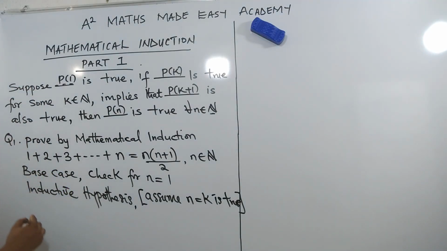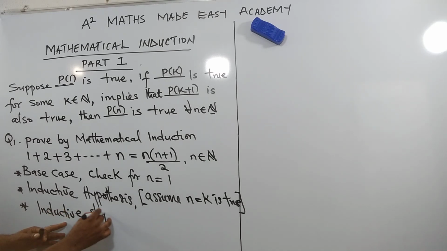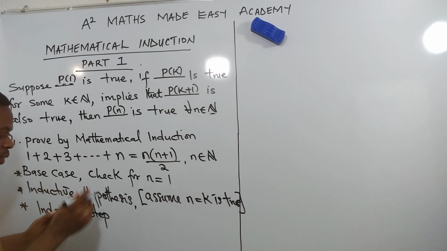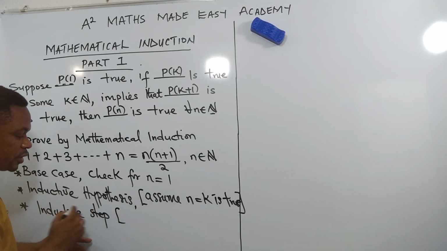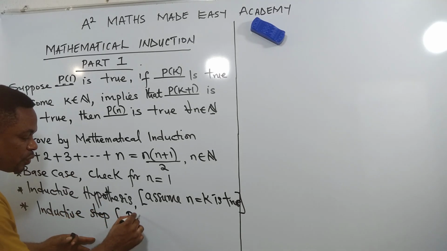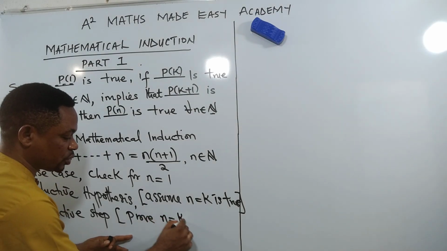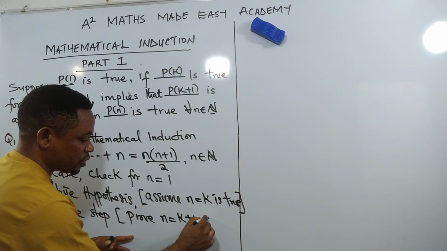Then the third stage, which is the main stage, is called the inductive step. And this one is the main step, which is the proving aspect of mathematical induction. What are we going to do in the proving aspect? We now prove that n is equal to k plus 1 is also true.